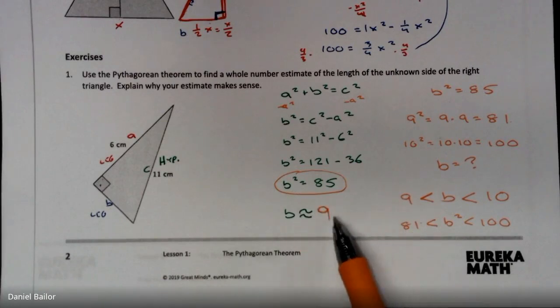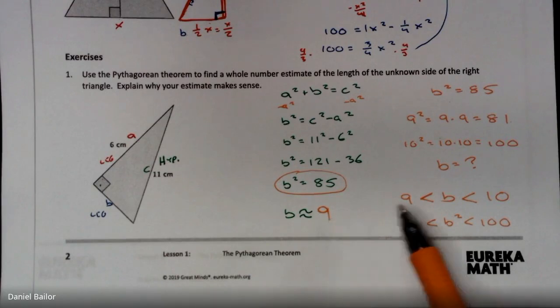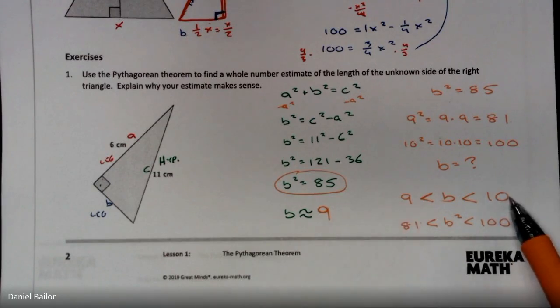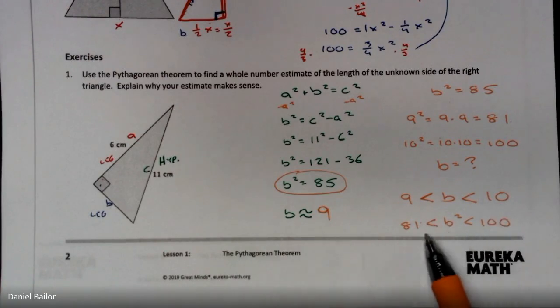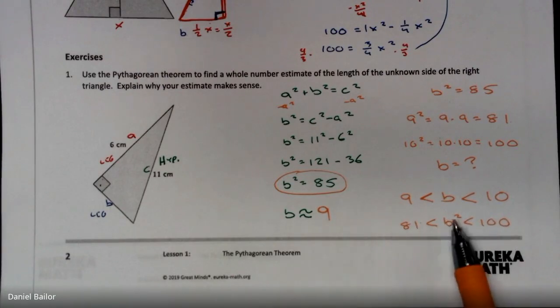And it's not going to be the next whole number, which is 10. 10 squared is 100. So b has to be somewhere in between these, because 85 is in the middle, so b has to be in the middle.